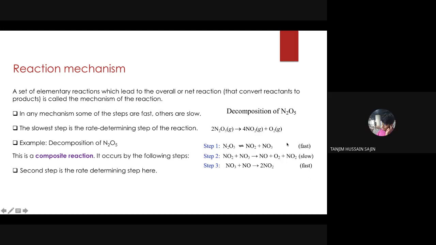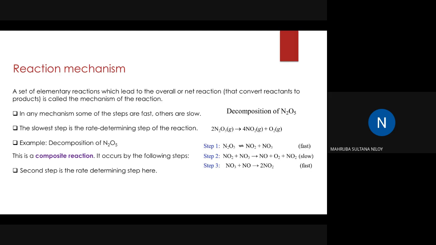Yes, sir. And when these elementary reactions are combined, then we get the mechanism of this reaction. For example, this reaction looks like a single step, but for this reaction to happen, actually 3 different steps occur. So these 3 steps are the mechanism of this reaction. Is it clear? Yes, sir.